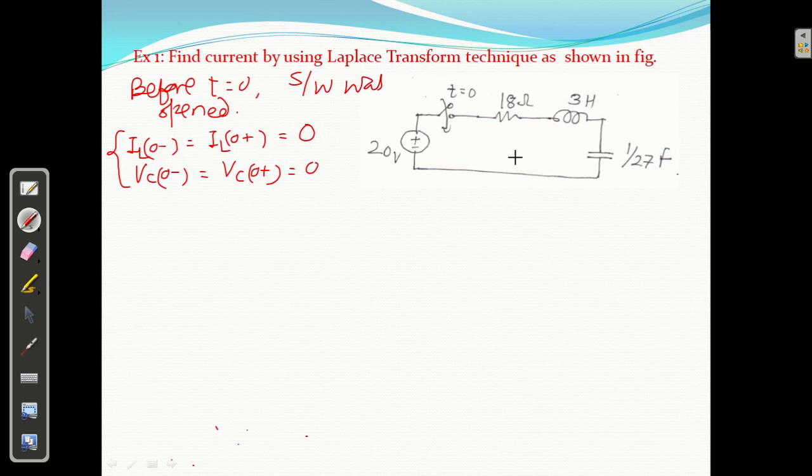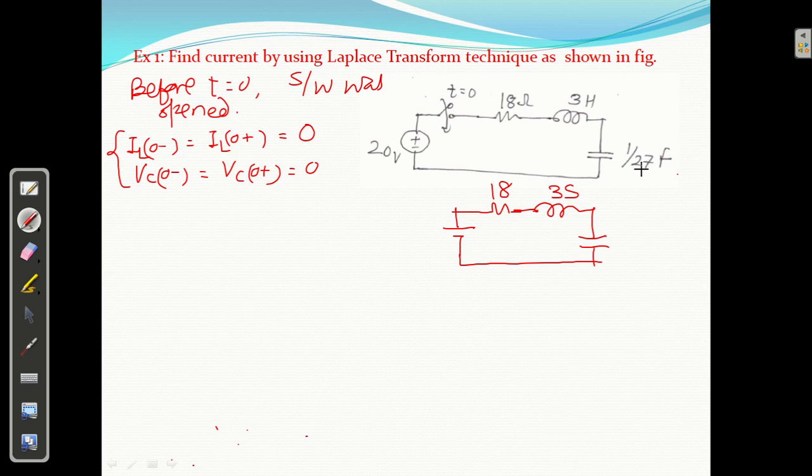If the initial conditions are 0, you can represent the resistance R by R, 18 ohm by 18 ohm. L will be represented by LS, L is 3, so 3S.